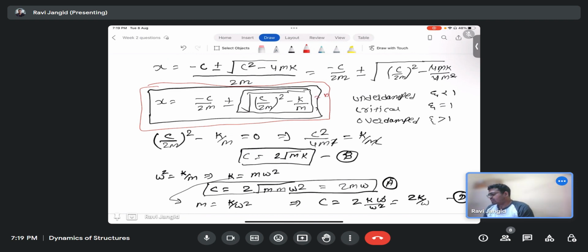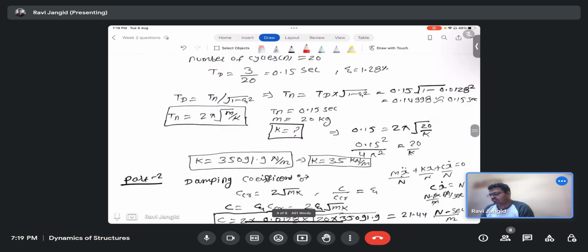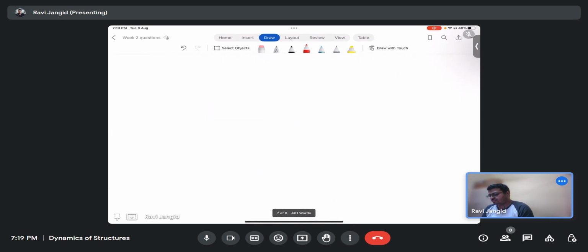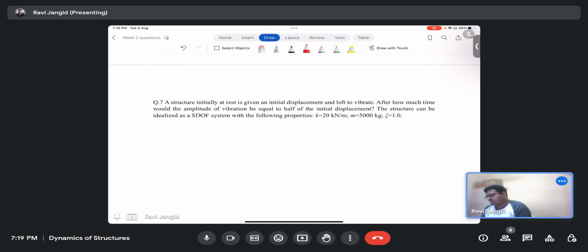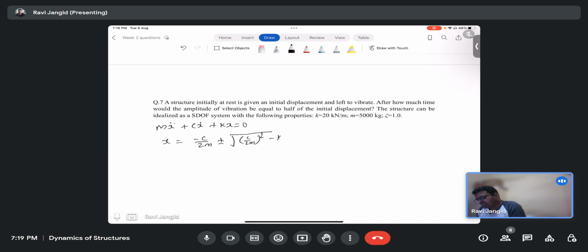So for the system m x double dot plus c x dot plus k x equal to 0, the roots were minus c by 2m plus minus the square root of (c by 2m) square minus k by m.